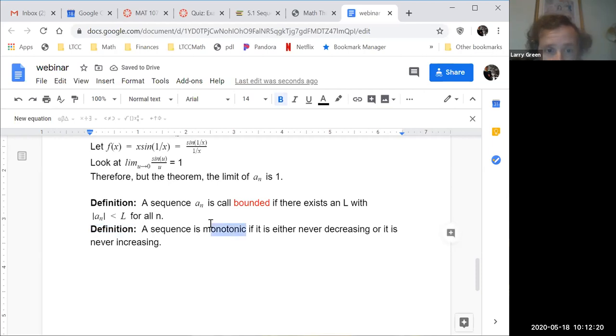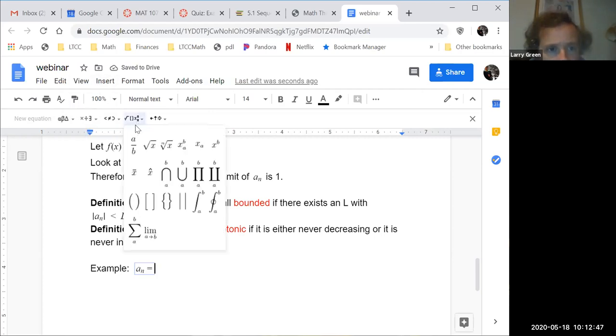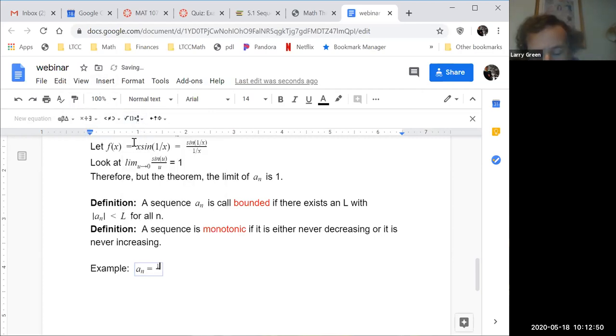So let me give you some examples. Let a_n equal 1 over n plus 1.